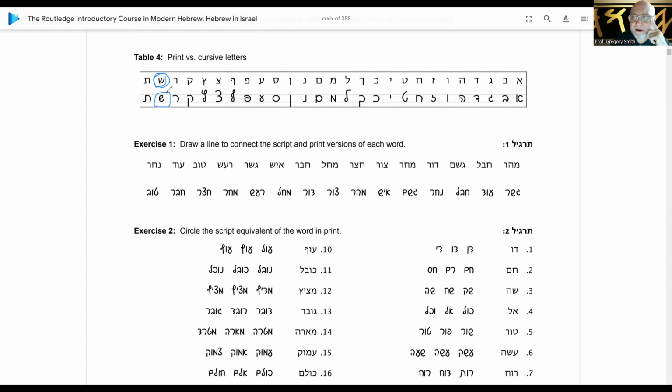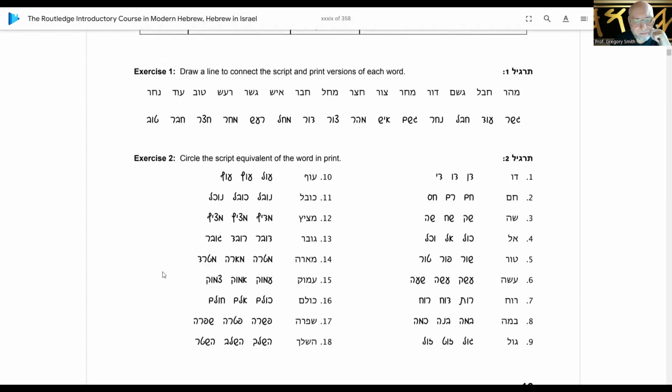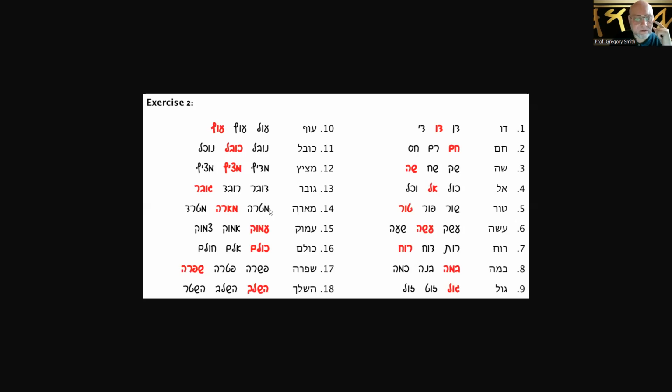They don't really look anything alike, do they? Isn't that strange? Okay, so for shifra, it's got to be this one here, the very last one. So this is a fe, obviously, this is a resh, and this is a hey. Okay, so 17 should be the last one. And yes, it is. There it is right there.